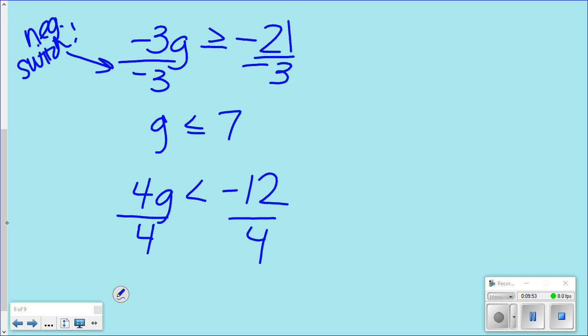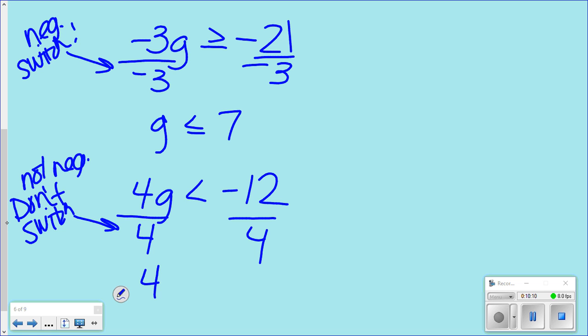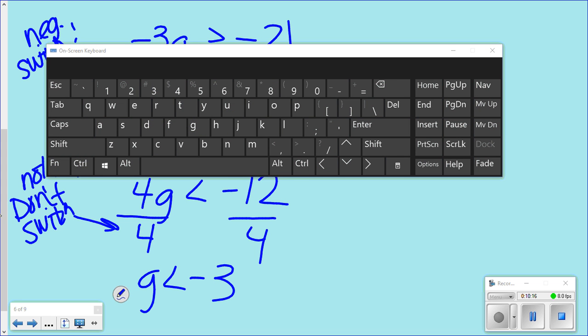The other number, the one with the variable. This one does not matter. It's this one that matters. Don't switch. So the answer would be g is less than negative 3.